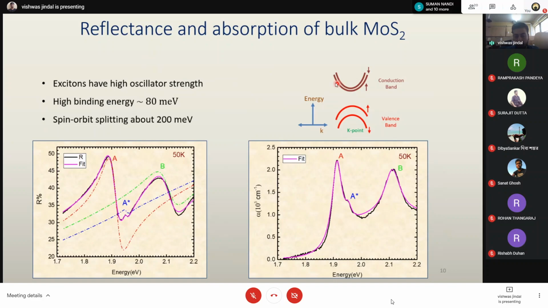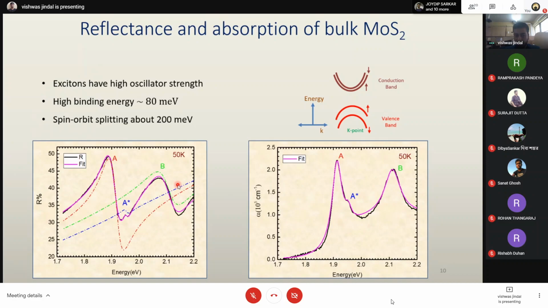Now the spin of an electron that is here can also go down and come here, but that is known as spin relaxation, and those time periods are actually quite long. So for the time in which an exciton forms, they remain separated, and that is why you see such intense excitons, because the spin involved in the electron and hole is different, and then they survive.